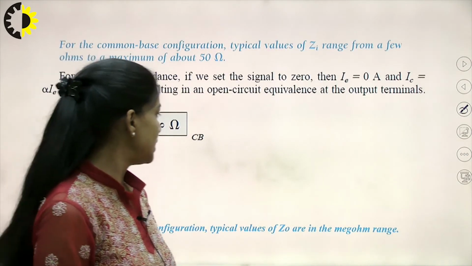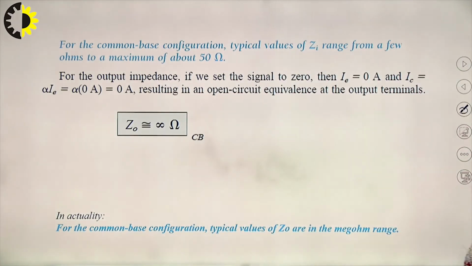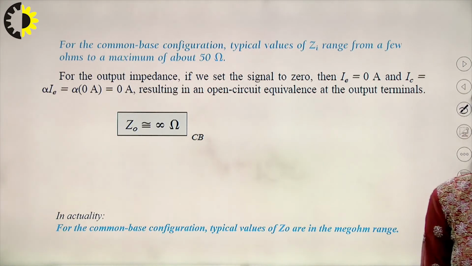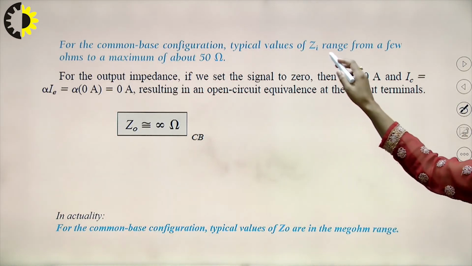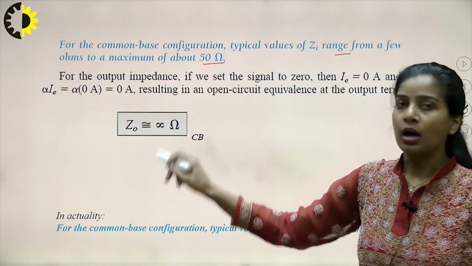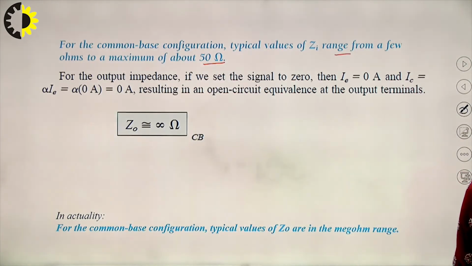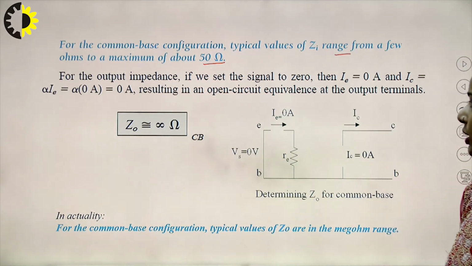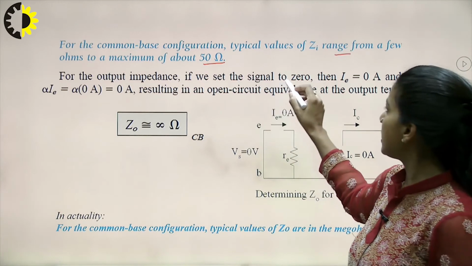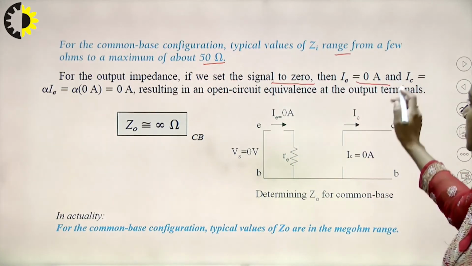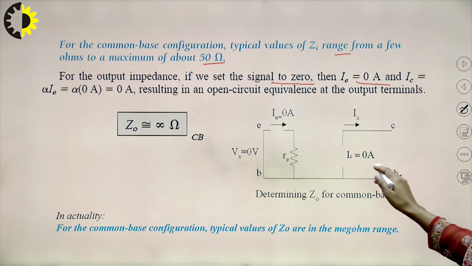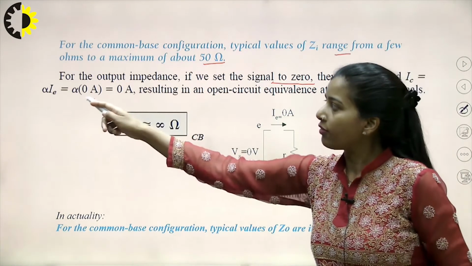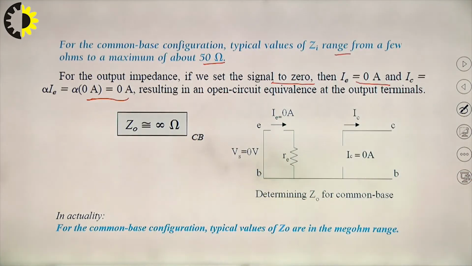Now we will see different parameters of this common base configuration. The common base input impedance we have seen, and its value ranges from about a few ohms up to 50 ohms. What will be the output impedance? For the output impedance we need to set the input signal to 0, then IE will be 0 ampere, and as IC is alpha times IE, IC will also be 0 and it will be open circuited.